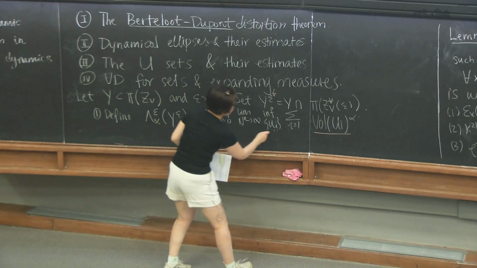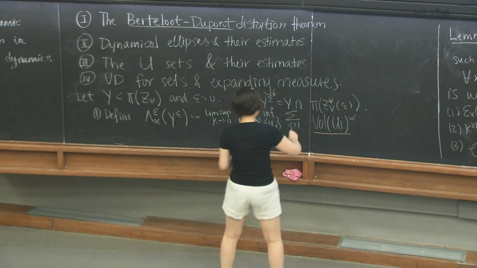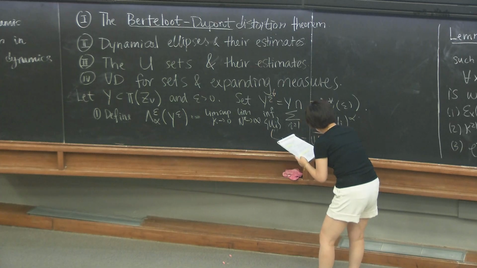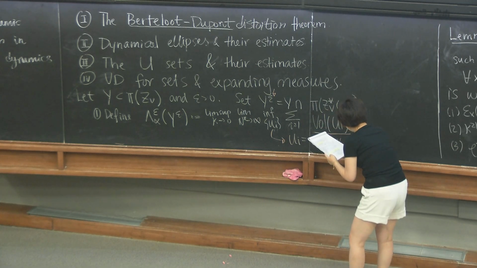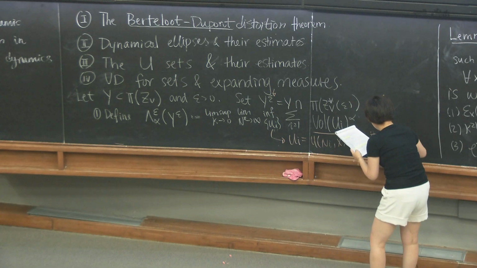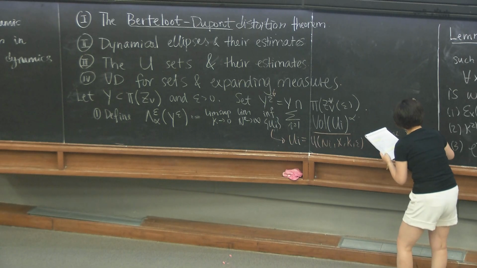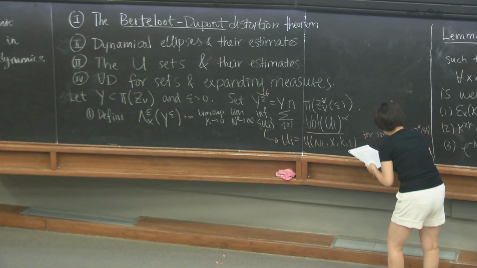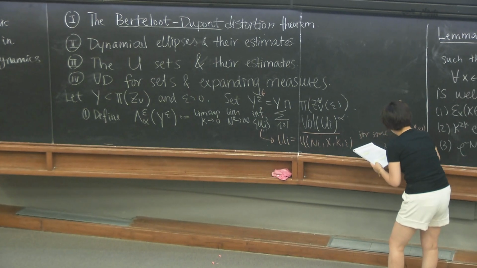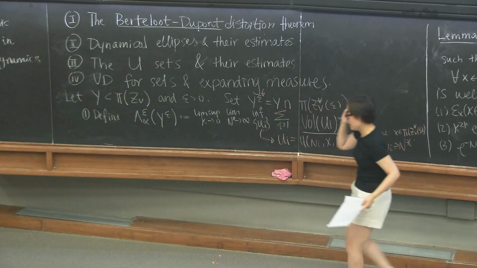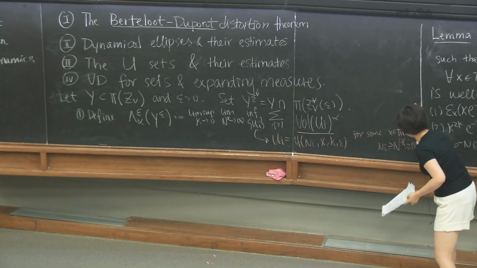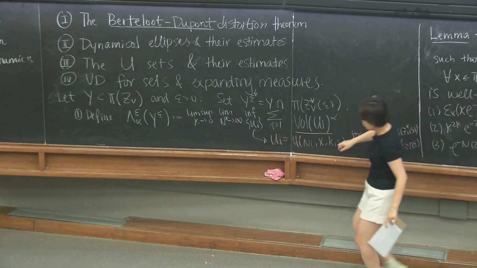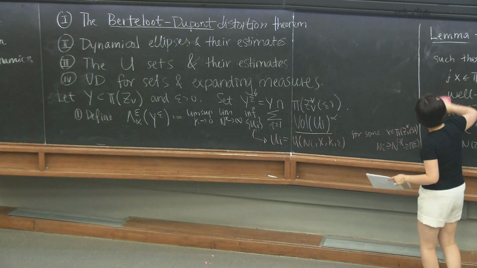And what are these U i? These U i's are U, but you have n i x kappa epsilon for some x in pi Z nu star epsilon, and n i is bigger than or equal to this n star, and you take n star to go to infinity, and n star is bigger than this n epsilon. Okay, so this is the first quantity you define when you want to study Hausdorff dimension, right?